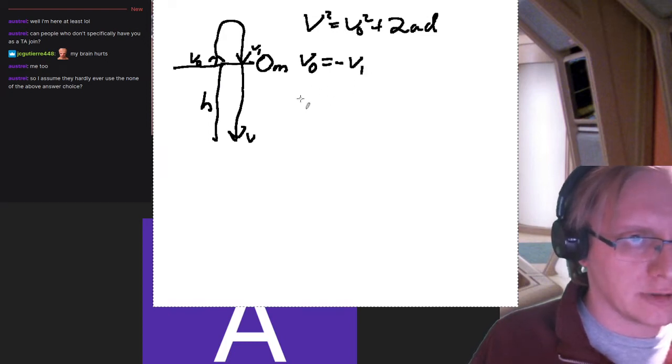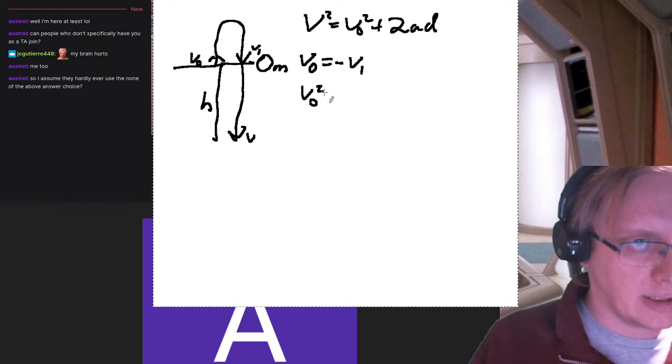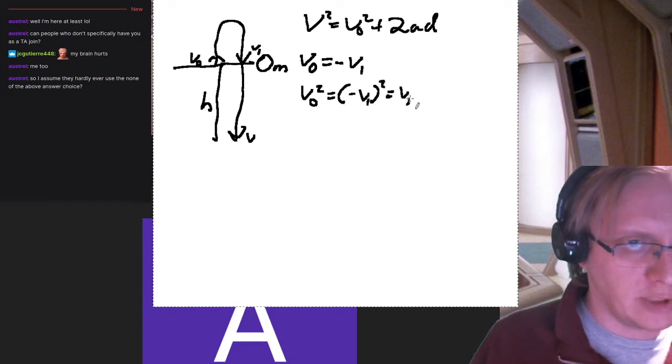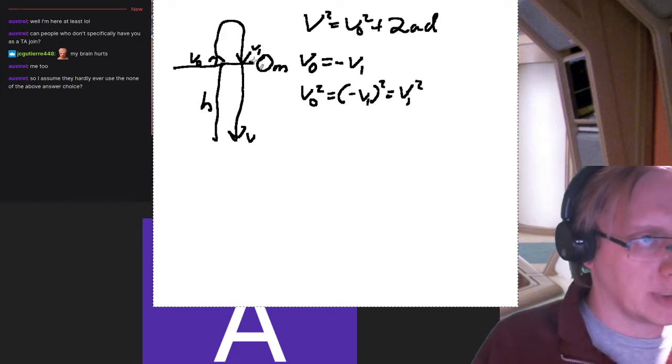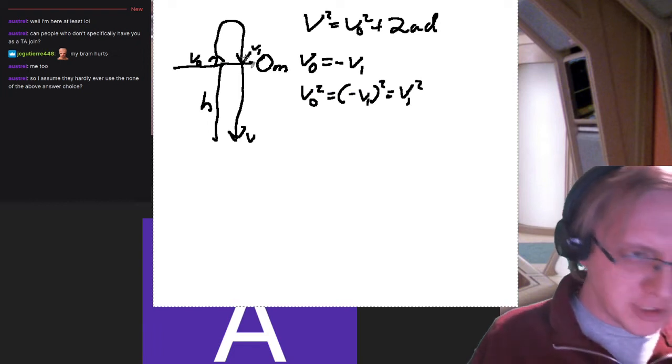Well, what happens when I square those? V naught squared is equal to minus V1 squared, which is equal to V1 squared. Which means that when we come back to this level, we're going just as fast as we were going up.